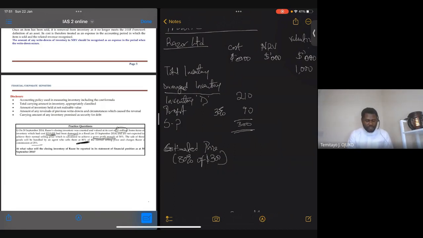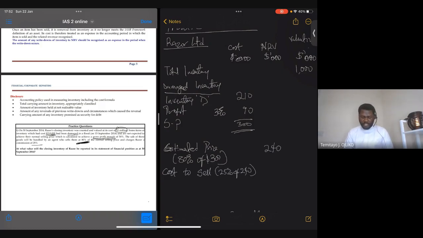Now, 80% of $300 will give us 240. It means that my selling price is 240. But then we have a cost to sell. What is the cost to sell? We're told that the person selling it will get a commission of 25%, which is 25% of what he sells, because you cannot be charging me for what you did not sell. So how much did you sell it? 240. So you take 25%.